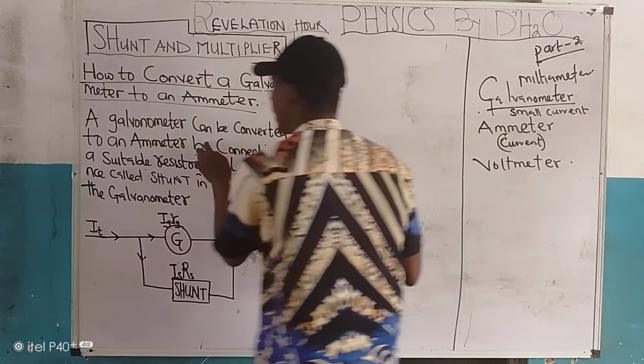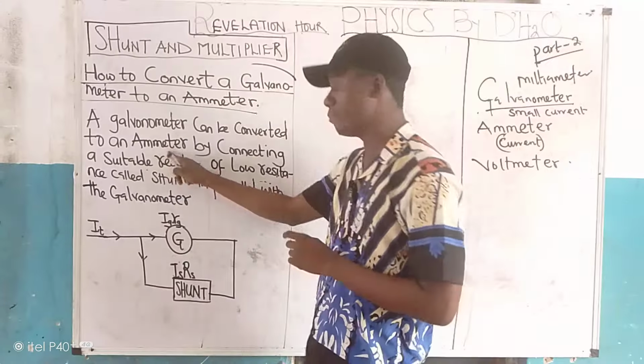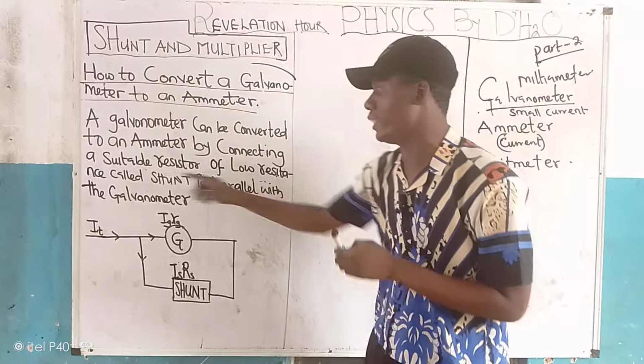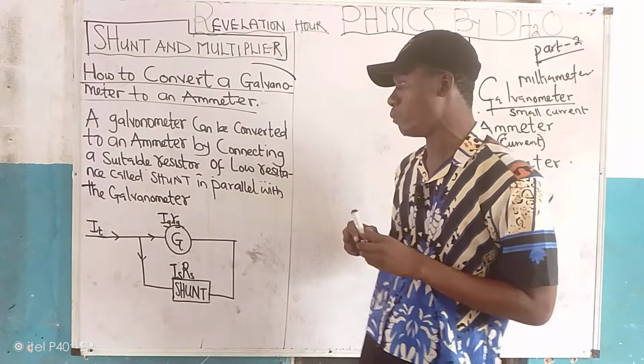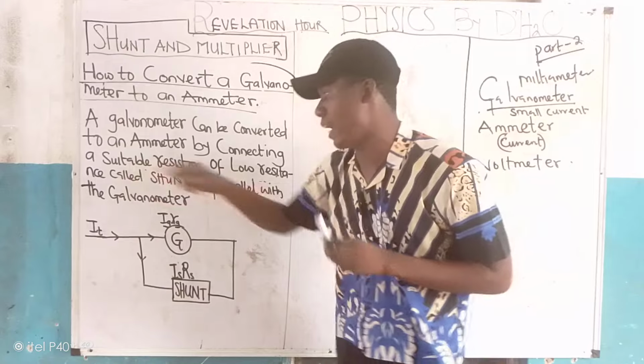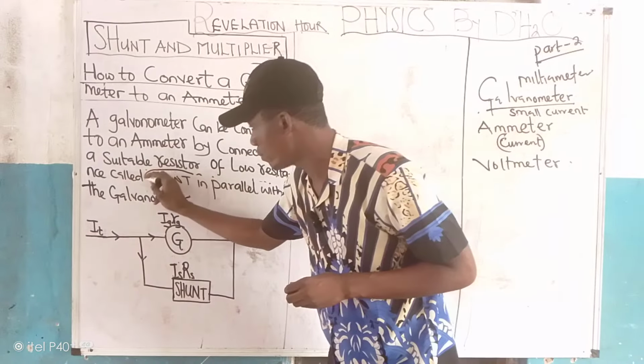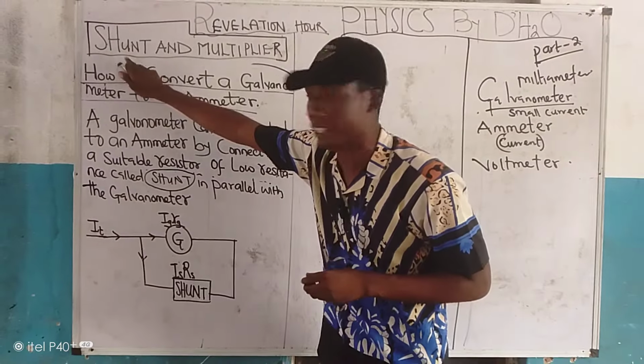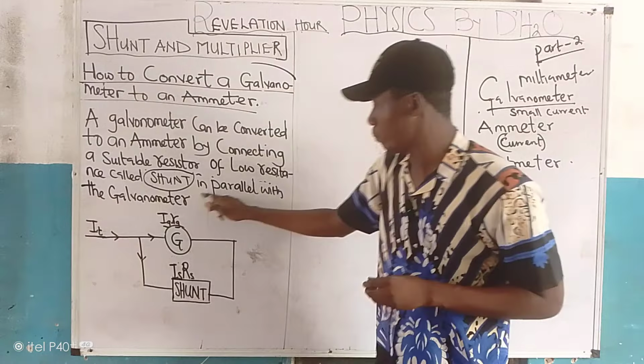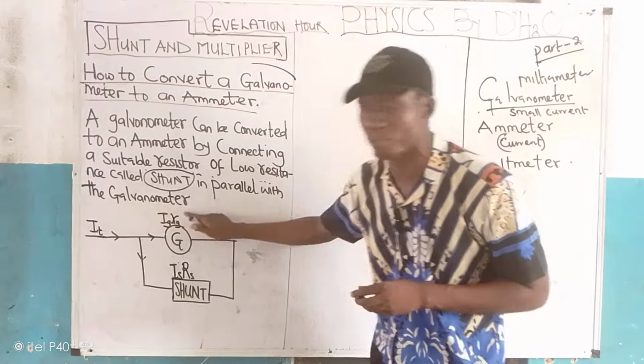A galvanometer can be converted to an ammeter by connecting a suitable resistor of low resistance called shunt in parallel with the galvanometer.